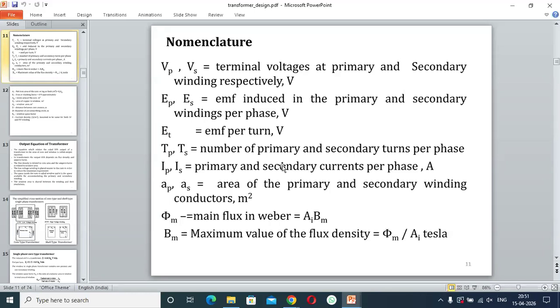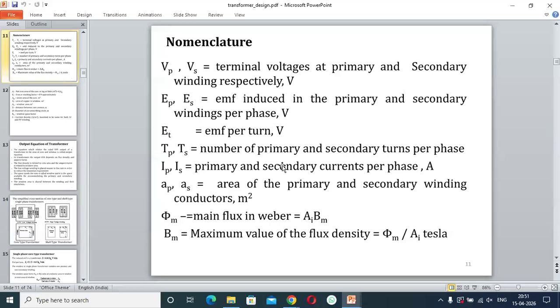And for which voltage or which phase we require, whether it is three phase or single phase. Depending upon all these things, we will understand how big the transformer will be, how many turns we will require, and how bulky it will be. Based upon that, we can decide the physical size of this transformer.